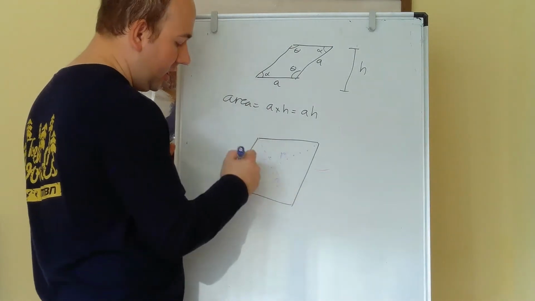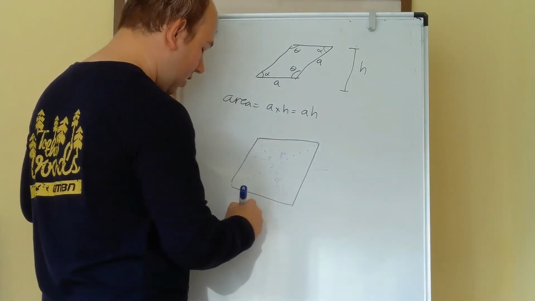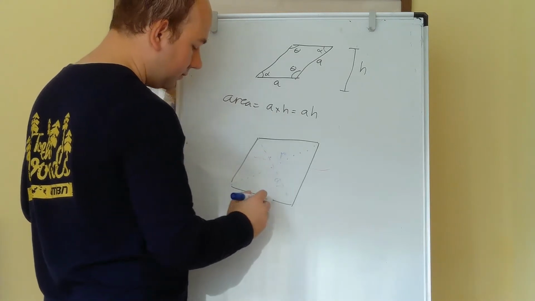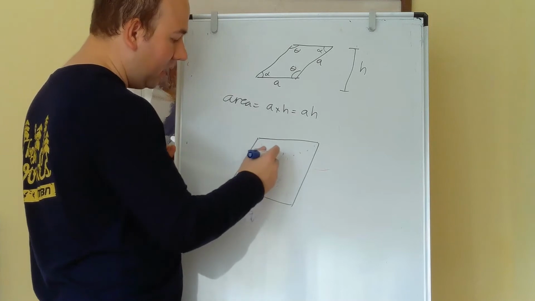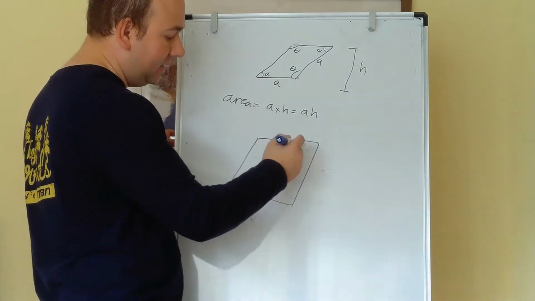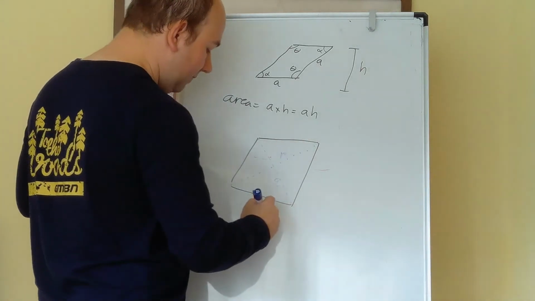Let's make the Q line the base, so we're going to have half of Q multiplied by the height of each triangle, and half the height will be, in this case, half of P.